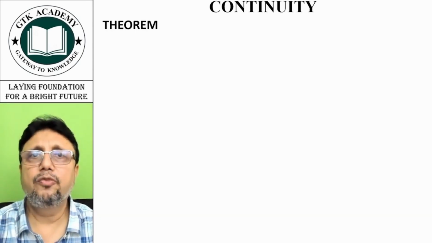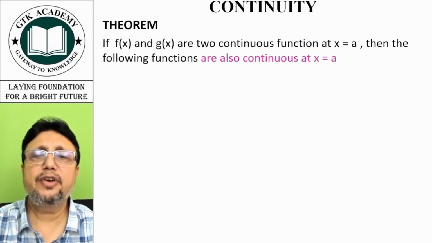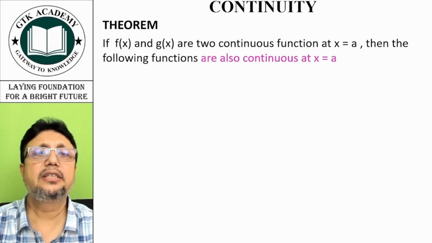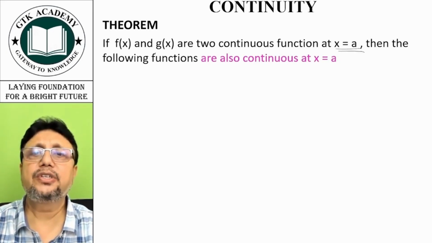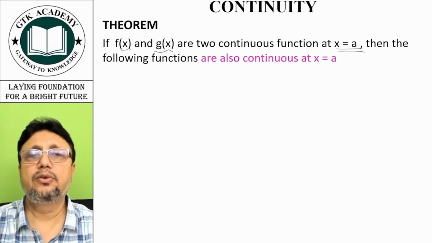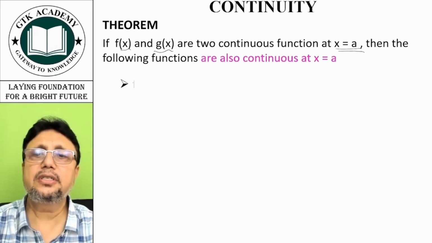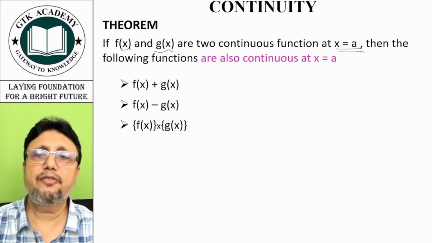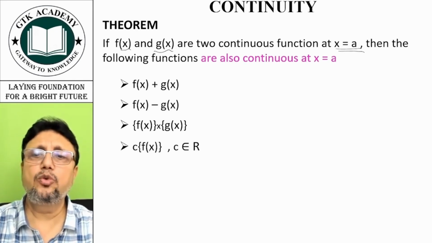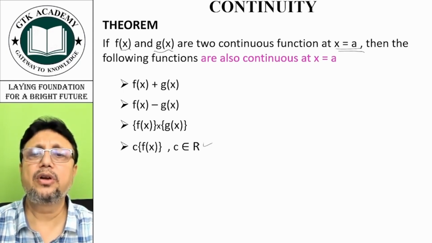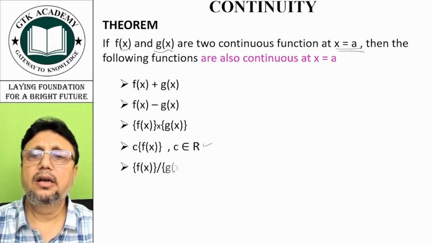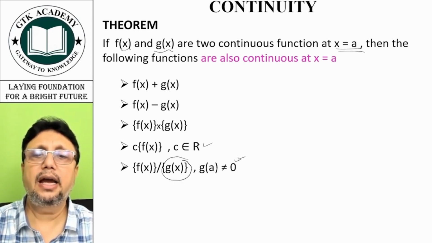Now we come to one theorem, a very important theorem. If there are two functions f(x) and g(x) which are both continuous at x equal to a, then the following functions are also continuous at x equal to a: f(x) plus g(x), f(x) minus g(x), f(x) into g(x), some constant c into f(x) or c into g(x), where c is a constant belonging to the real numbers, or f(x) upon g(x), or g(x) upon f(x), provided the denominator is not equal to 0 at a.